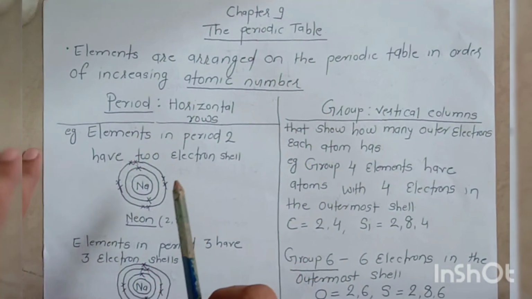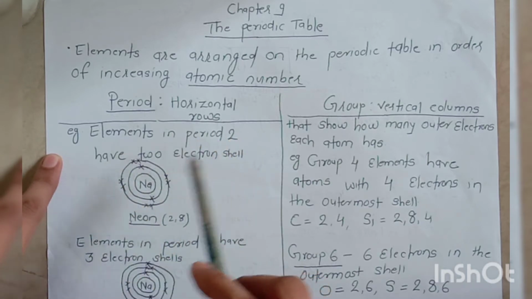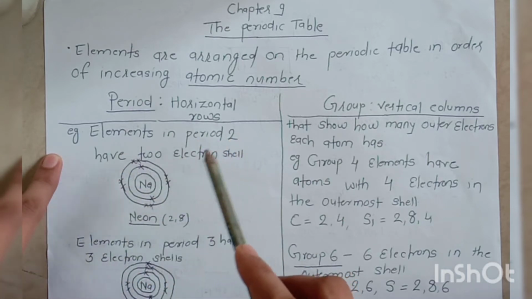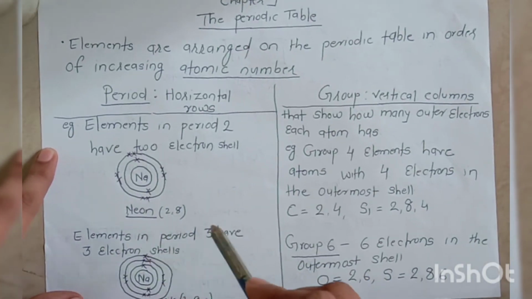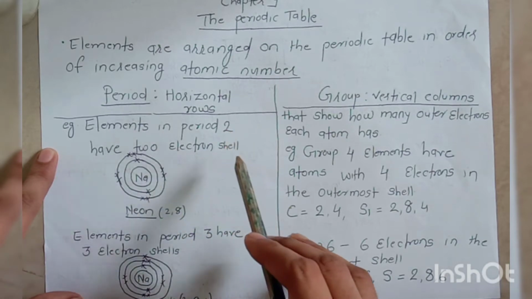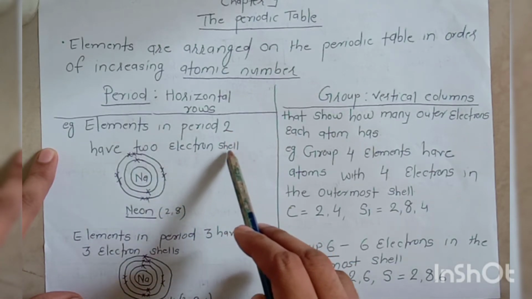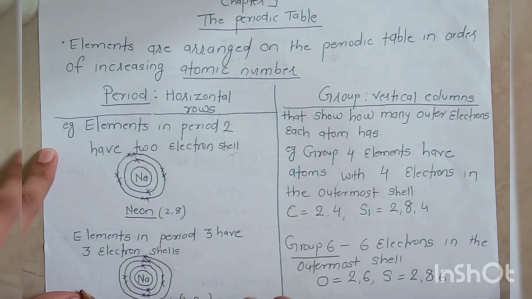For example, elements in period 2 have 2 electron shells, and elements in period 3 have 3 electron shells. Shells means the orbit.